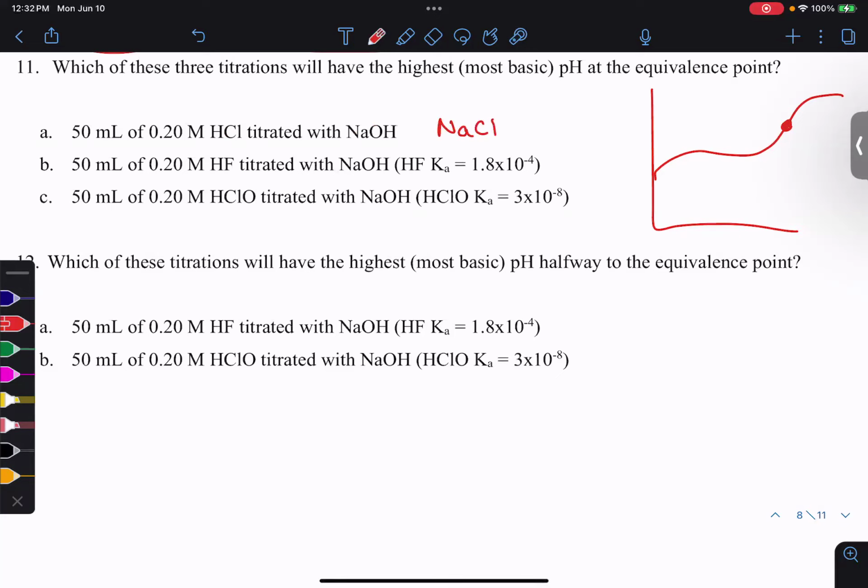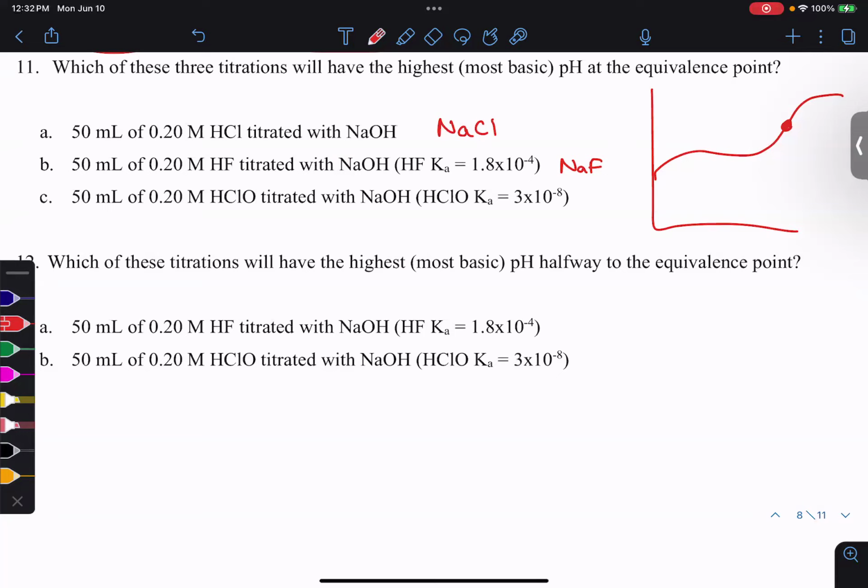That is what's present at your equivalence point. You've completely neutralized HF. What is present at the equivalence point in this second titration? Not HF, it's actually NaF or F minus. That is what's present when you fully neutralize that weak acid to its conjugate.